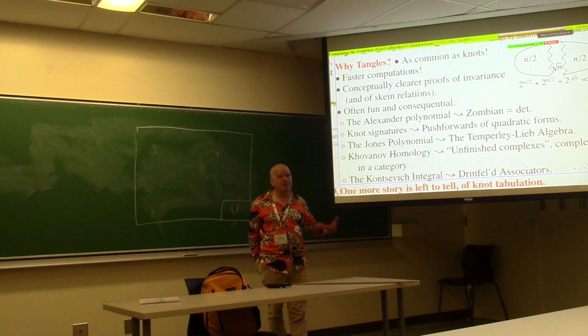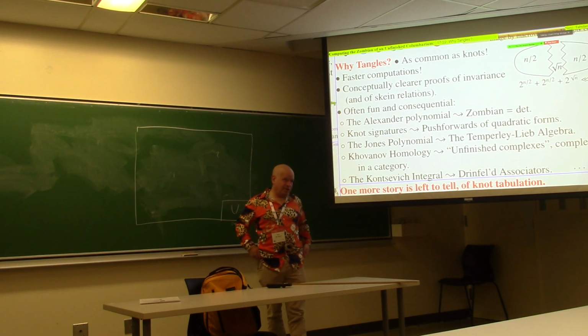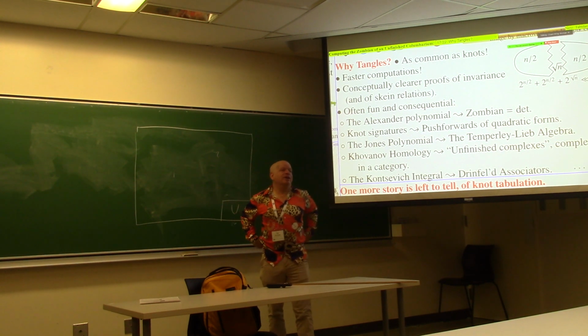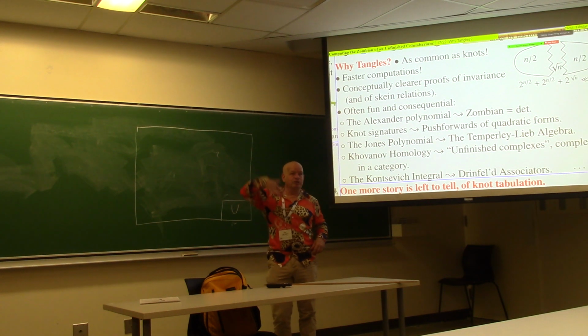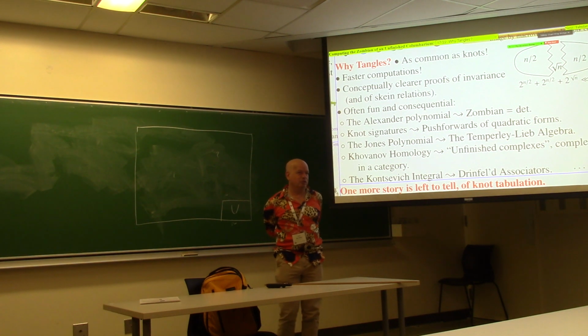You want to tabulate everything, and then it's relatively easy to find the prime ones within them. Because you just multiply what you've tabulated before, the lower complexity things. So I think the right thing is to just tabulate everything, and then at the level where you show off to others, you cancel out the things that you don't want to show.